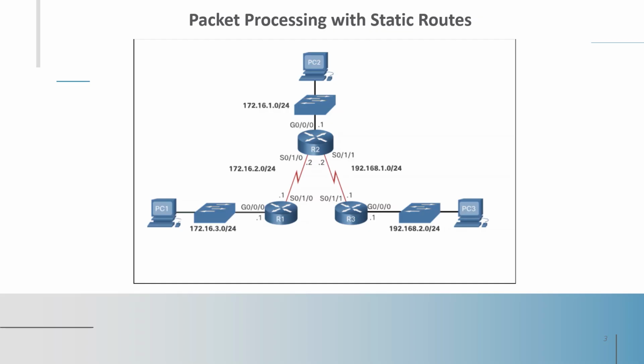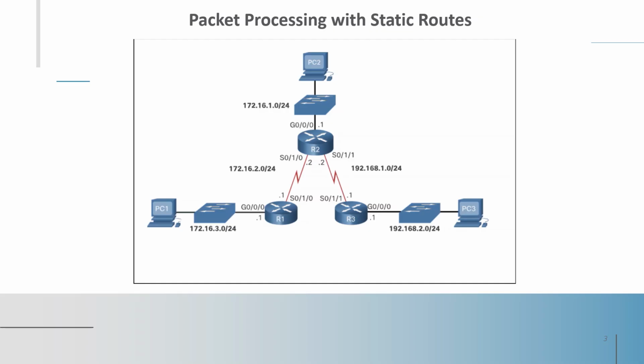When the packet arrives on the Serial 0/1/1 interface on router 3, the router will de-encapsulate the frame and look for a route to the destination. Router 3 has a connected route to the network 192.168.2.0/24 out of the GigabitEthernet 0/0/0 interface.